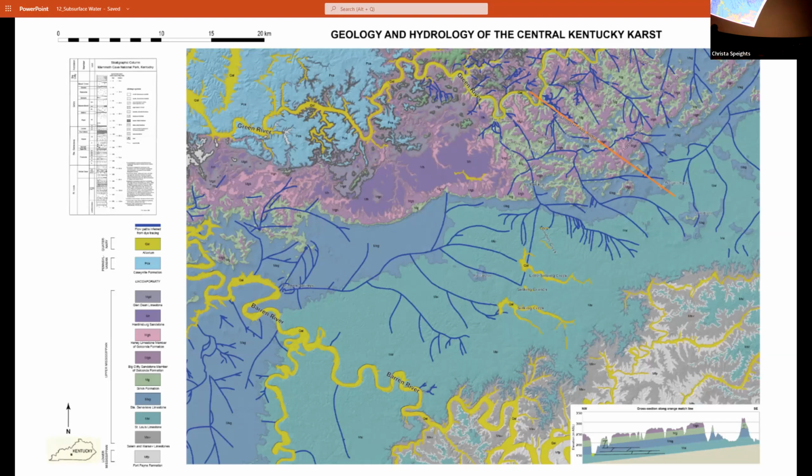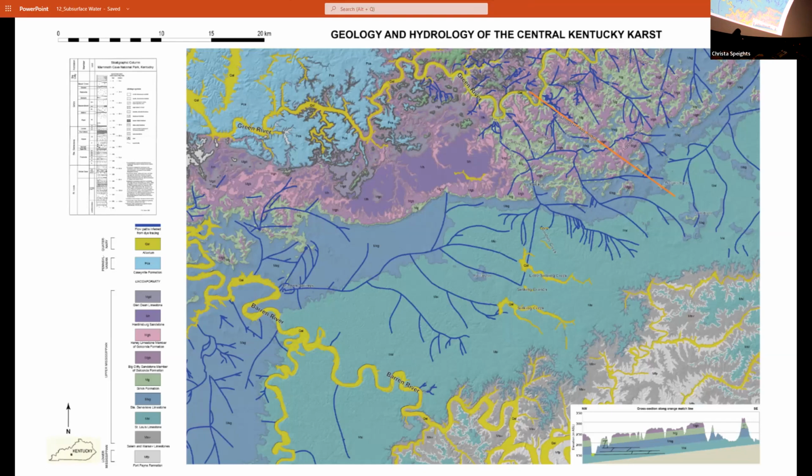And so here's a different view. We were looking side on at those cave passages. Here's a view of the geology and the water flow of the whole Mammoth Cave area.